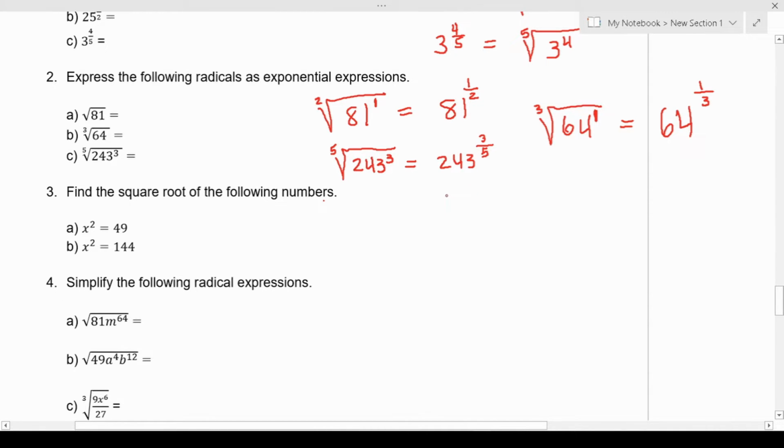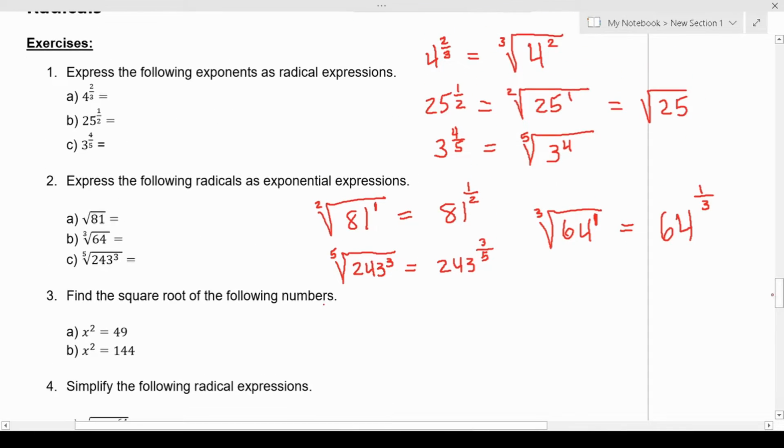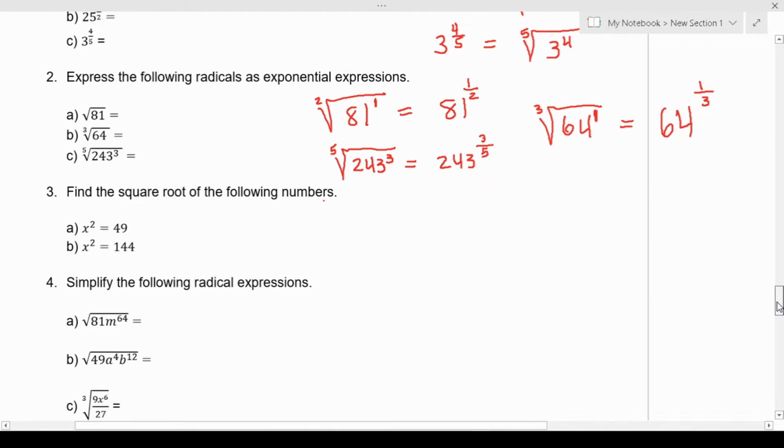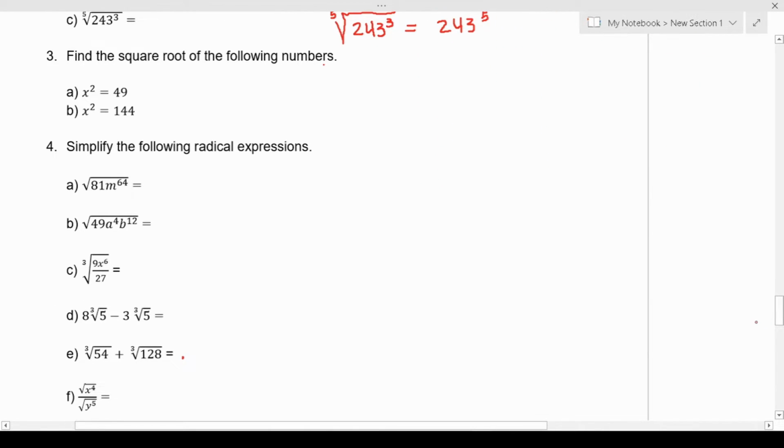Okay, so that was it for this second set of exercises. Again, we're just practicing going from exponents to radicals and radicals to exponents. Again, that's important as you try to simplify more complex radical expressions, which we're going to see in just a second here.